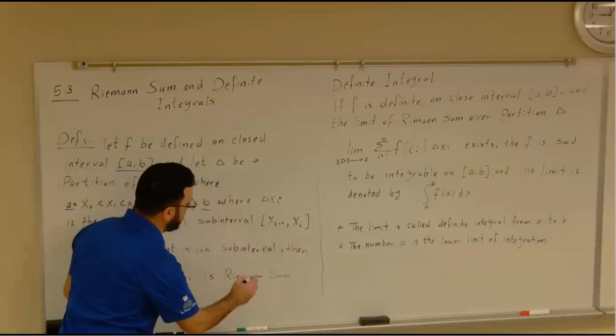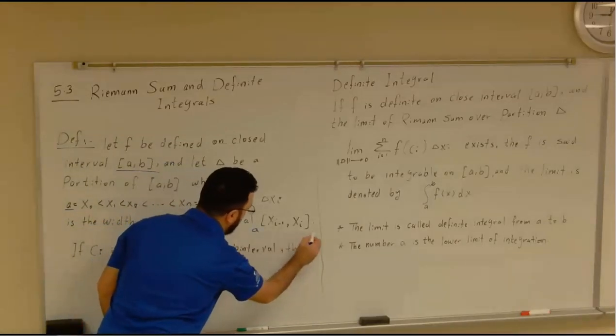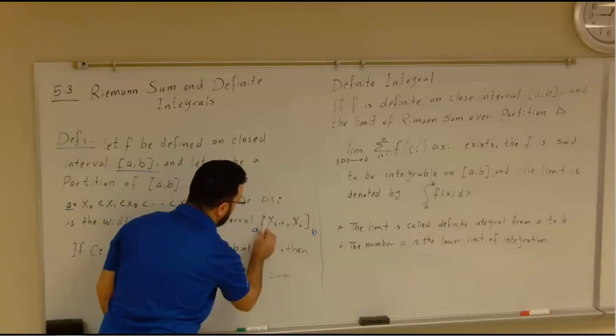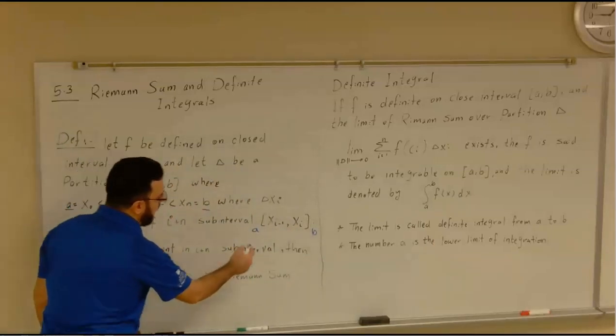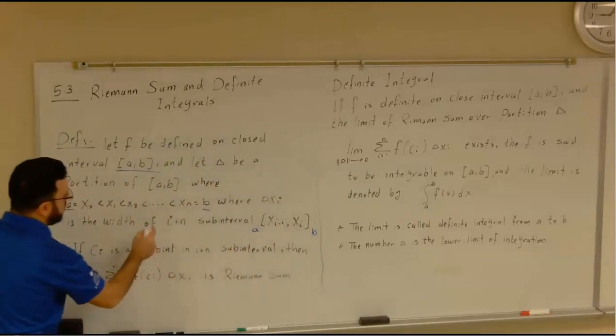Here's our interval, here is A and here is B, and you divide the interval into these sub-intervals. The width for each rectangle here is going to be delta.